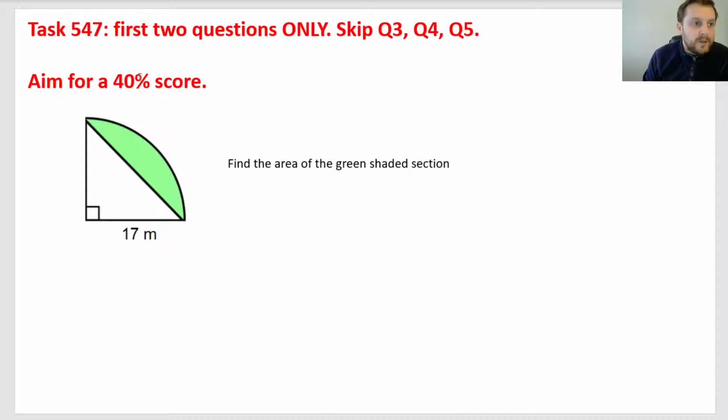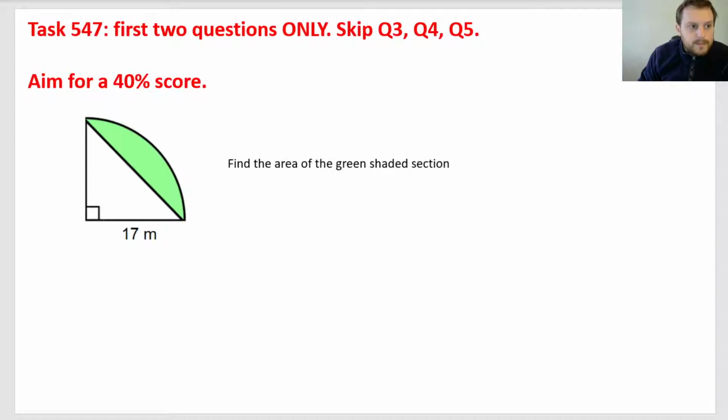I just want to see a 40% score for this task. The reason is that the remaining 3 questions use trigonometry, and not even trigonometry that you're going to be taught to begin with. It uses the area of a triangle formula that involves the sine function, which is not what you are doing at the moment. I just want you to skip those questions, okay?